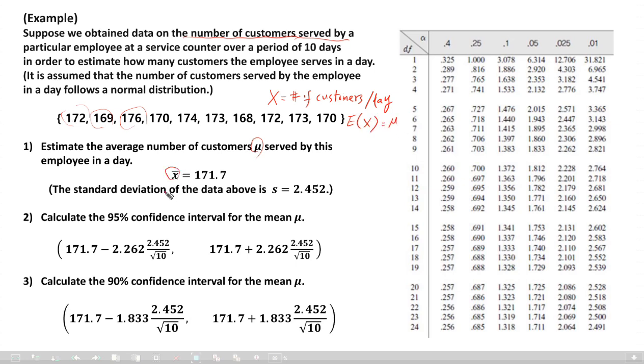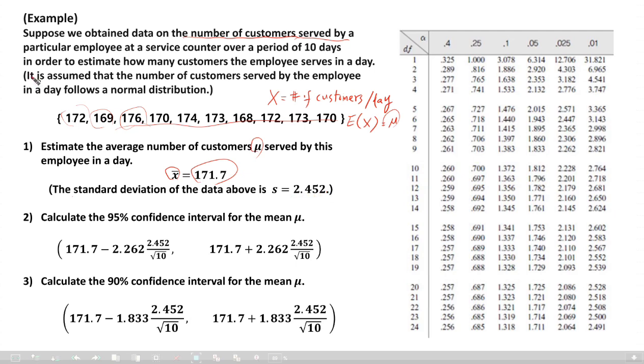It is x bar. X bar is calculated as 171.7. Okay, this is the estimate of mu. For reference, the standard deviation of this data is 2.452.